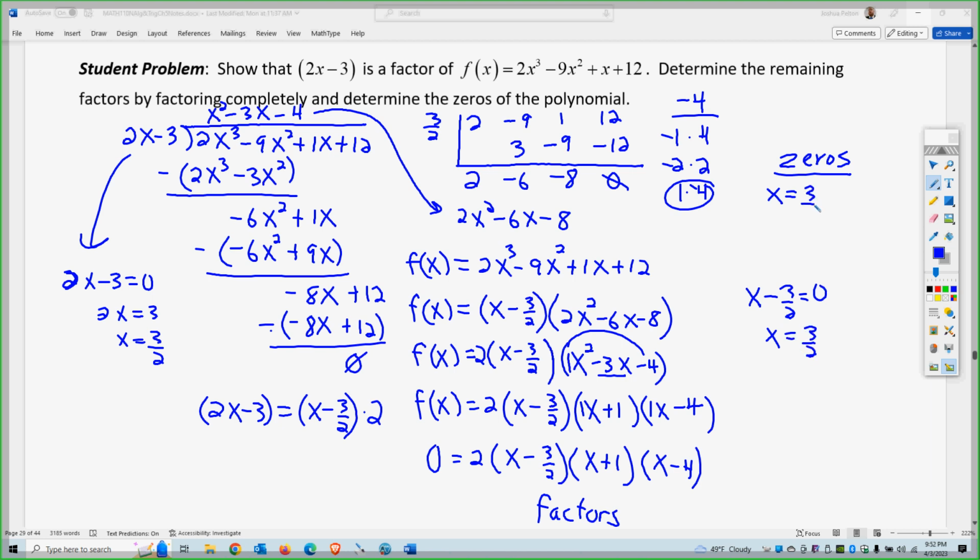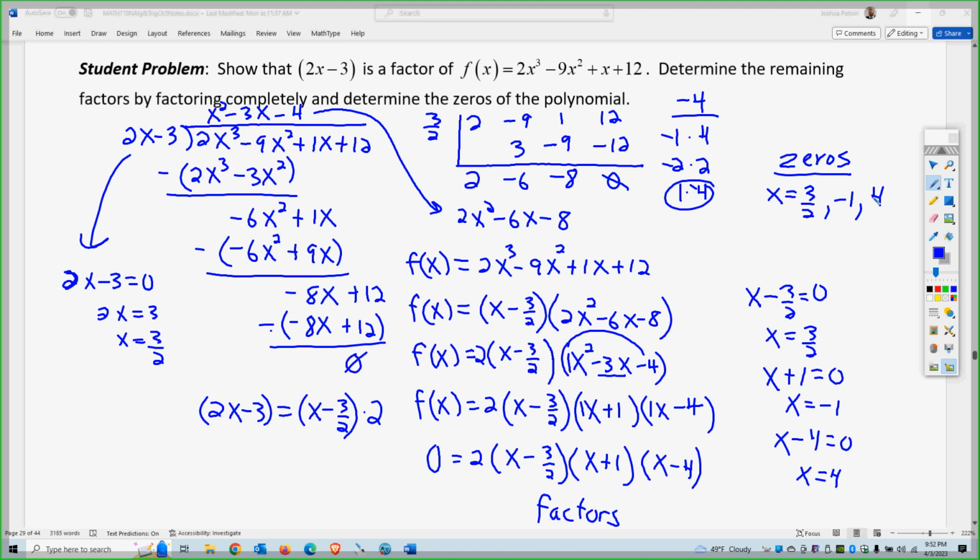We already know that. x plus 1 is 0, so x equals negative 1. And x minus 4 is 0, so x equals 4. There's our zeros.